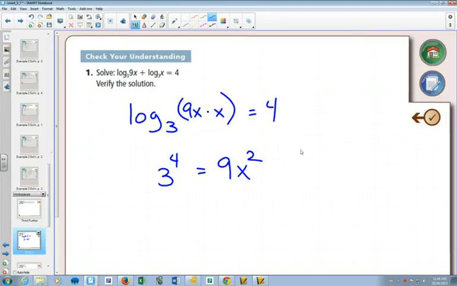Equal 9x squared. 81 divided by 9 will be 27 equals x squared. And so now you square root both sides.